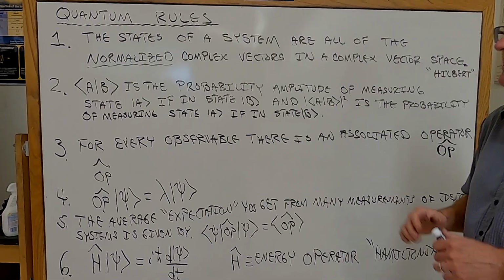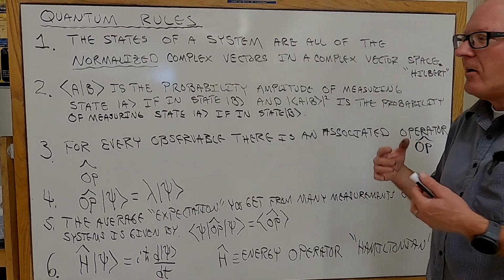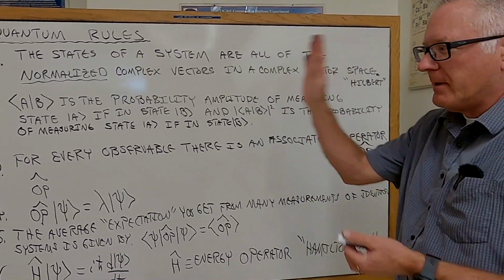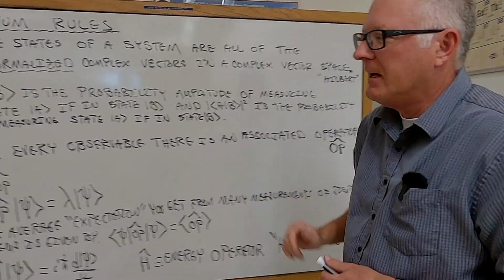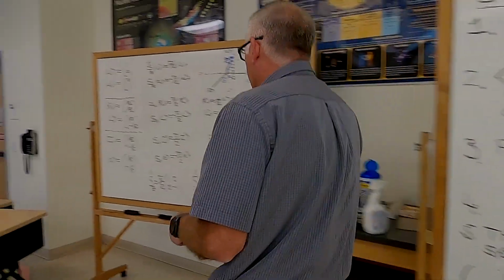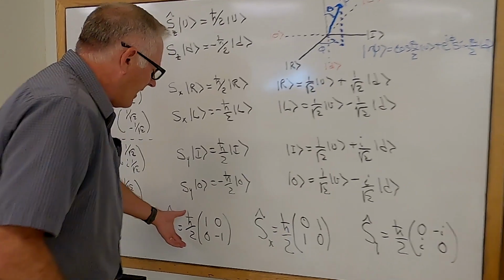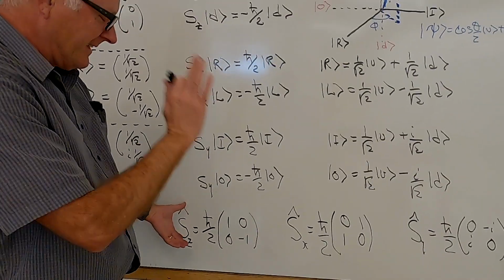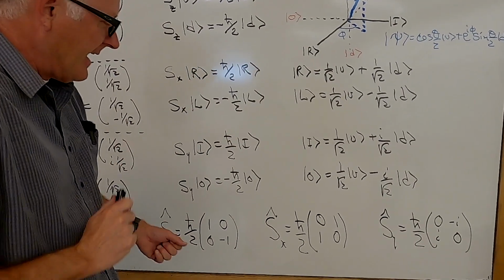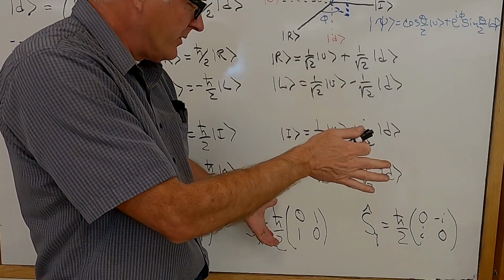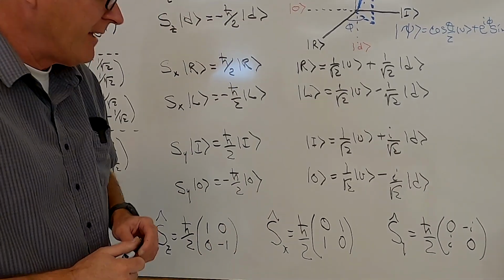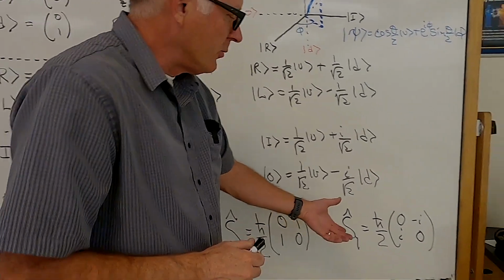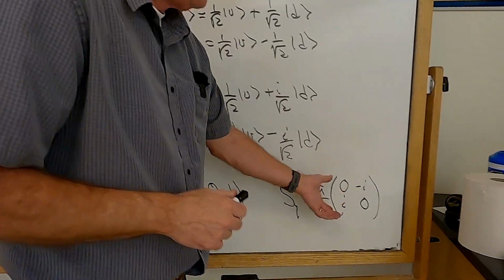And so, just to remind you, when we had our sensor measure up, right, left, these are the operators when we're in the z direction for up and down. This was when we rotated it sideways for the right and left direction. And this one was the operator for the in and out direction.